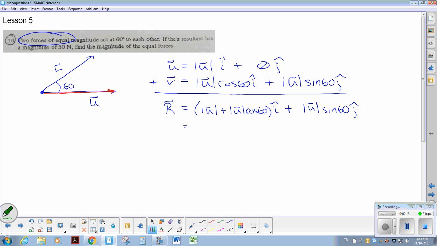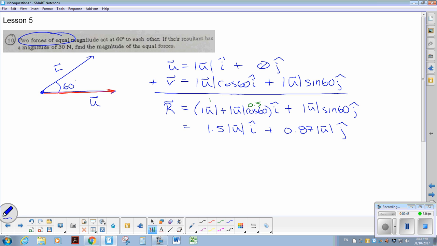Cos 60 is just 0.5. So I really have 1 plus half of u. So I've got 1.5 magnitude of u in the i direction, plus sine 60 is 0.87, so 0.87 magnitude of u j.